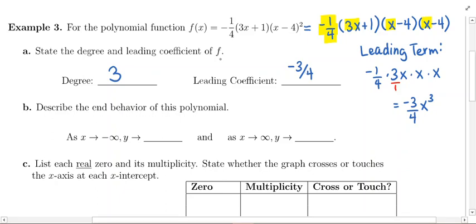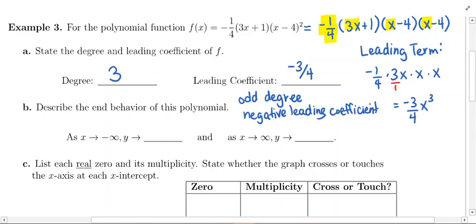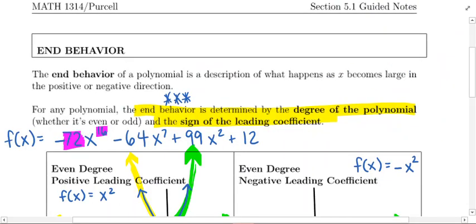Okay, so what you can see from part A is that we have an odd degree. 3 is odd, and we have a negative leading coefficient. So if you need to, you can refer back to end behavior on page 4.